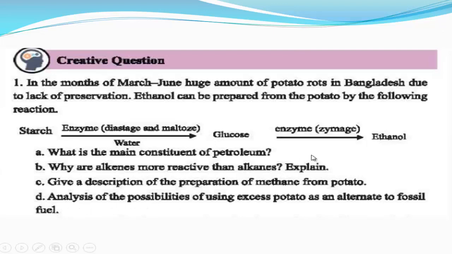For this, if we prepare ethanol from potato, that is the analysis of the possibilities of using excess potato. That means by using excess potato, if we produce ethanol, in that case we can use this ethanol as an alternate to fossil fuel, that is natural gas. Just in this aspect you have to describe the answer.